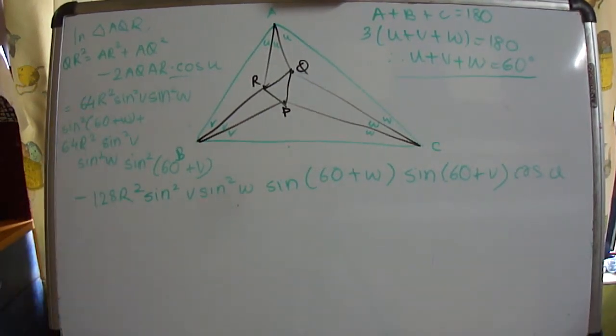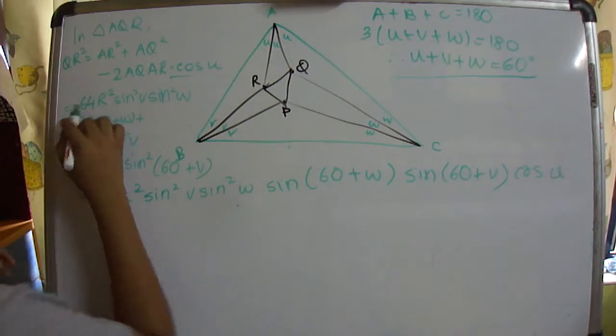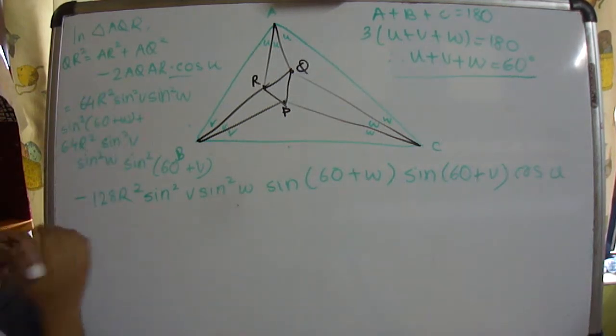We can see something common here, can't we? 64R square sin square V sin square W is common in all the terms.